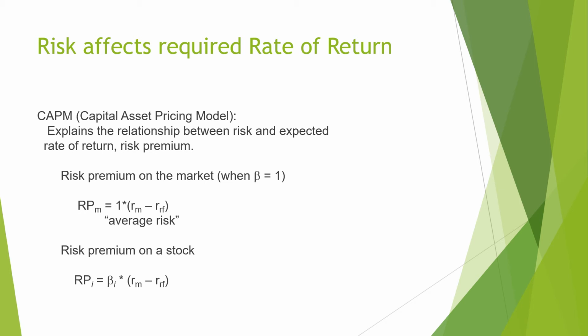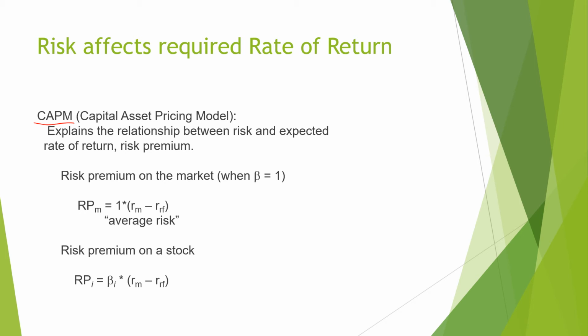So now we know risk affects required rate of return. To invest into high risk assets, investors will require high rate of return. Capital asset pricing model, we call it CAPM, shows that relationship.